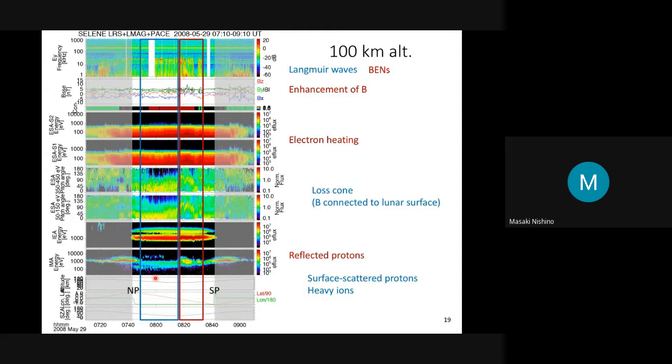And the final one is ion energy time spectrograms, including the heavier ions detected around here. These low energy components are heavy ions from the moon. Actually, these components include sodium or potassium or something like that, as mentioned by Yokota-san this morning.